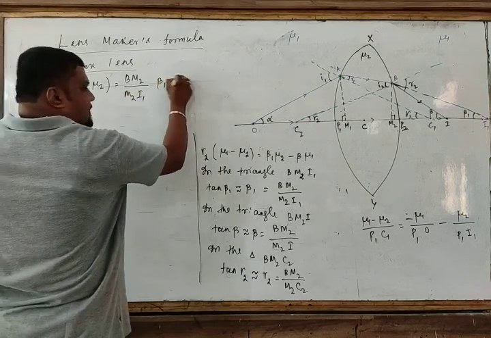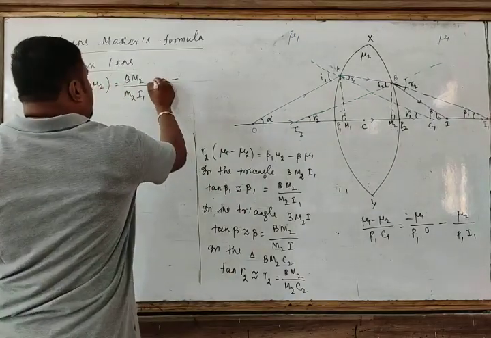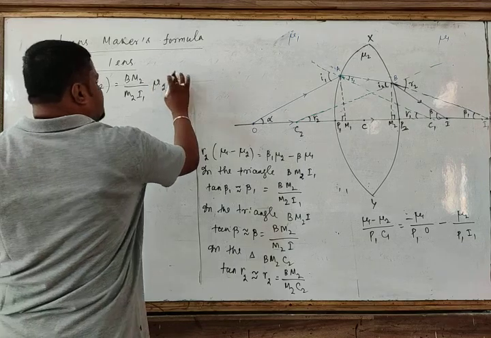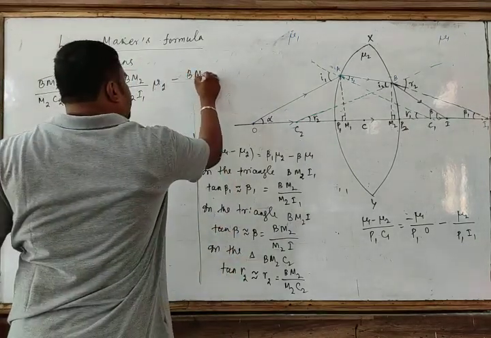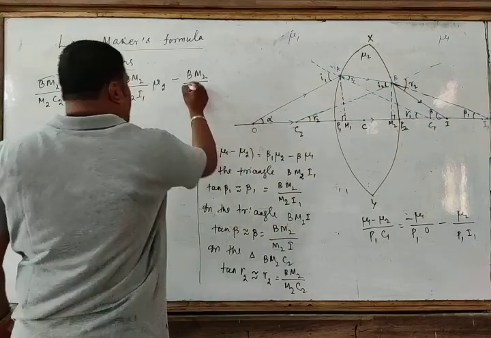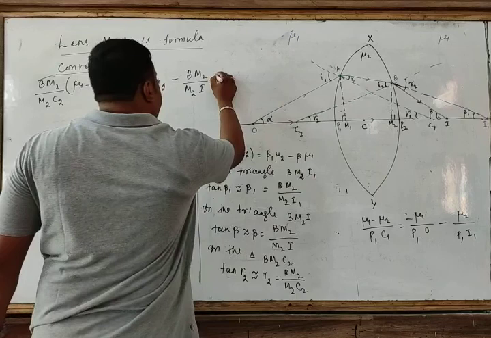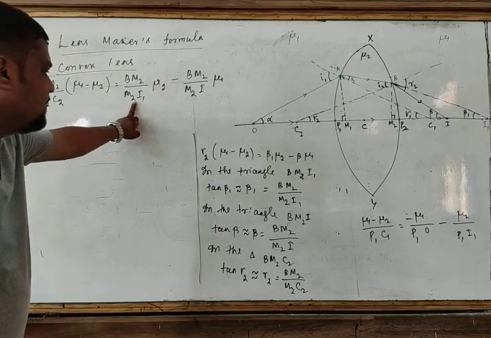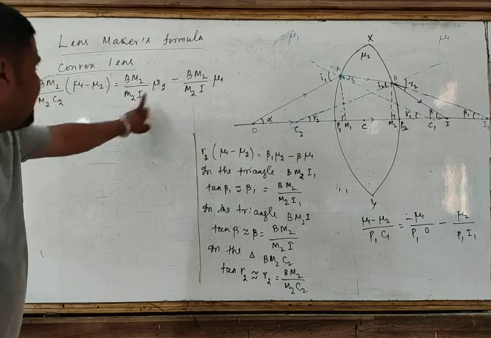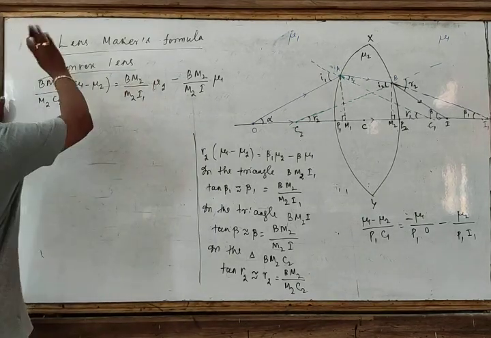Beta 1 times mu 2 minus, what is beta? B M2 divided by M2 I into mu 1. Here, this is your beta 1 and this is your beta. Now take this B M2 common and cancel that.